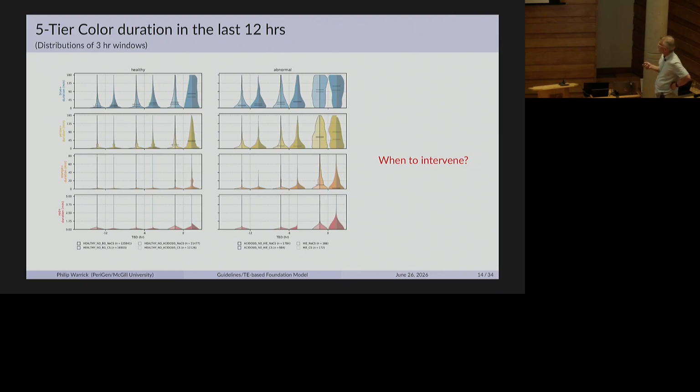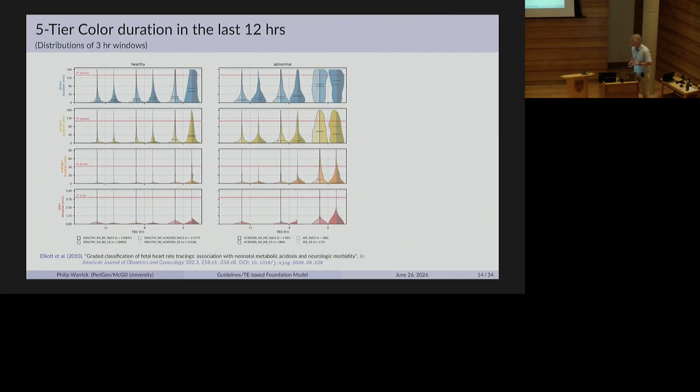Do we have to select a cutoff? What is that cutoff going to be?